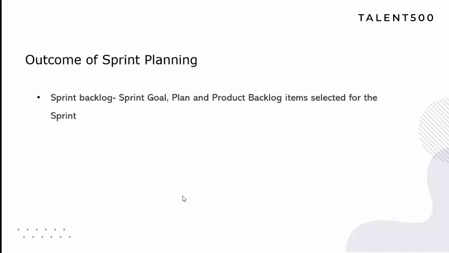Is this item that we are going to bring on aligned to the sprint goal or not? If this is aligned to the sprint goal, then you may ask your developers to see whether they are in a position to pick up this item. If they say yes, then you deprioritize something from the sprint backlog.